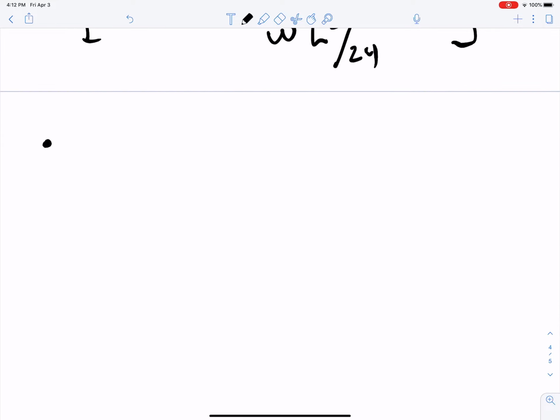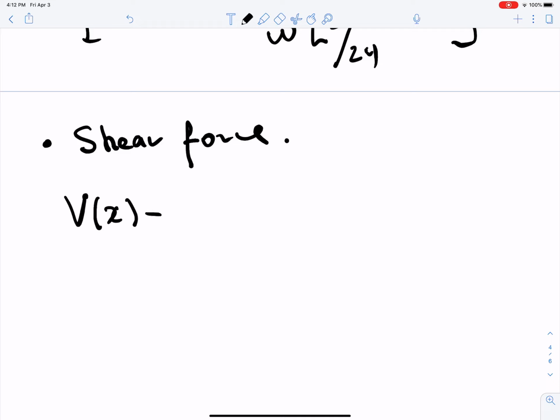Next is the shear force. V of x, recall we take a derivative d/dx of m of x.